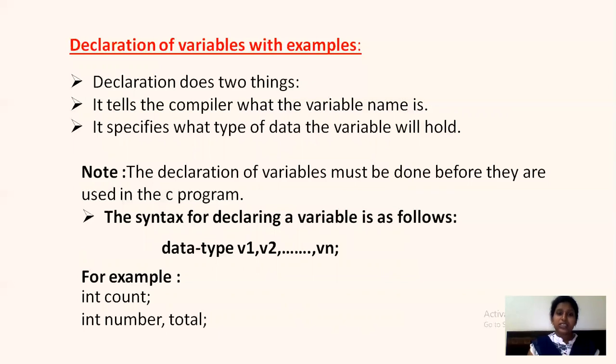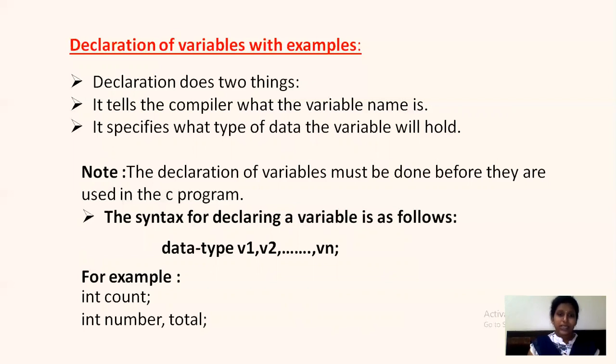Note the declaration of variables may be done before they are used in the program. If you want to use a variable in your program, you need to declare that variable first before using it. It is an important note.